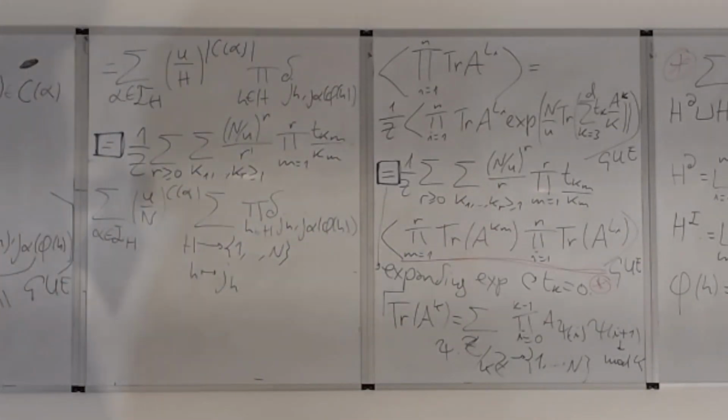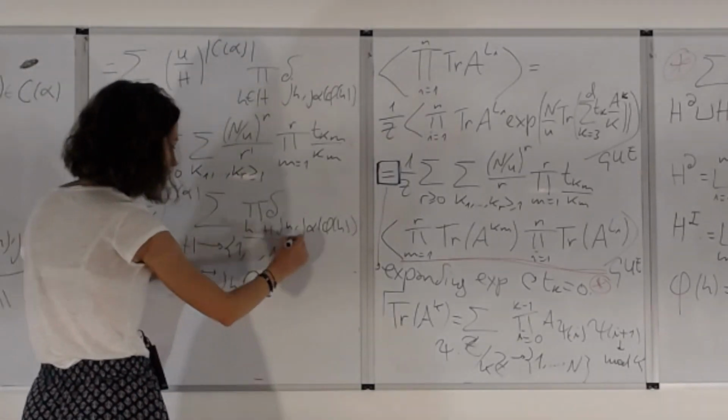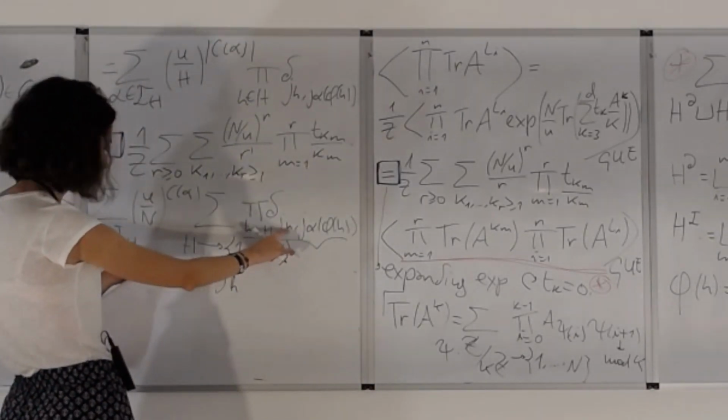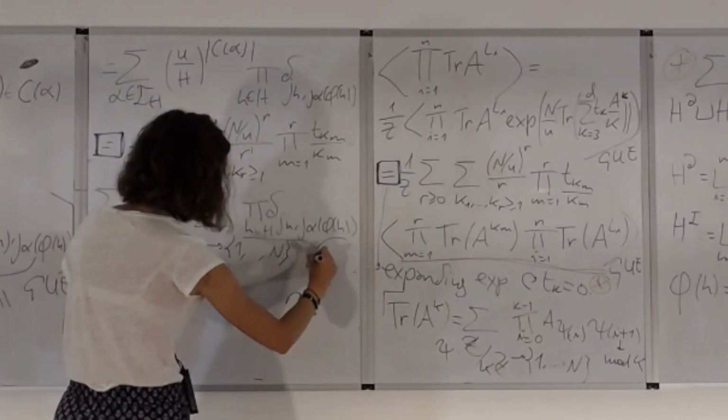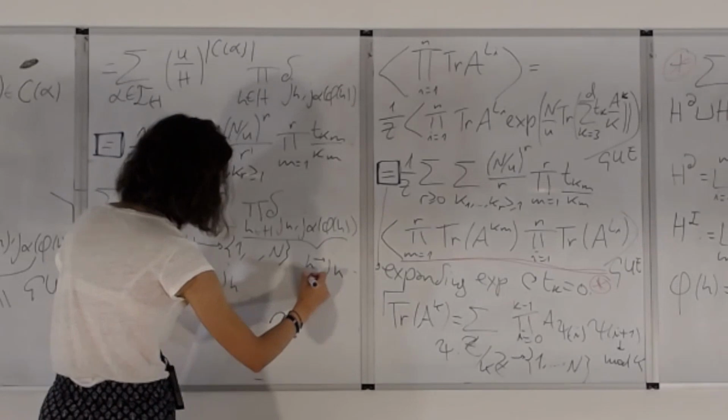And now, let's think a little bit. So these guys will be 1 just when this H goes to G8 is constant.